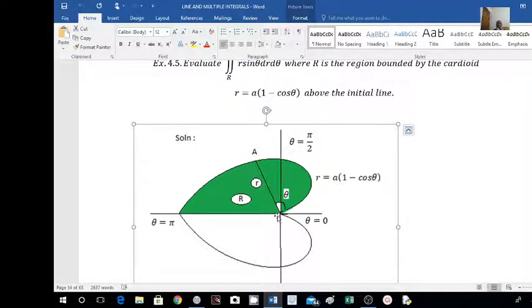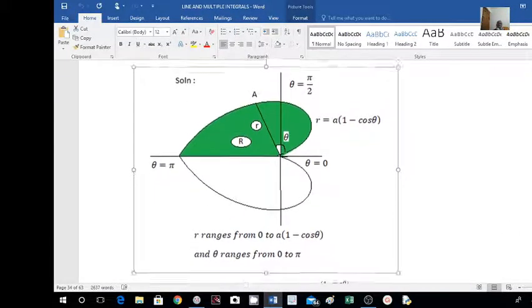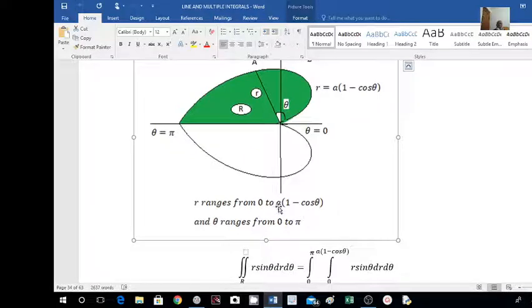So r ranges from 0 to a into 1 minus cos theta. And theta starts here, then covers this portion, and has to come to this point here. That means theta ranges from 0 to pi. These are the limits. So the given integral has r from 0 to a into 1 minus cos theta, and theta from 0 to pi.